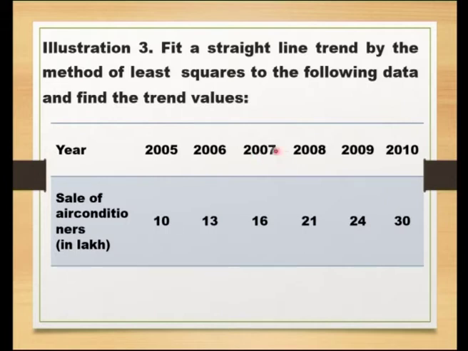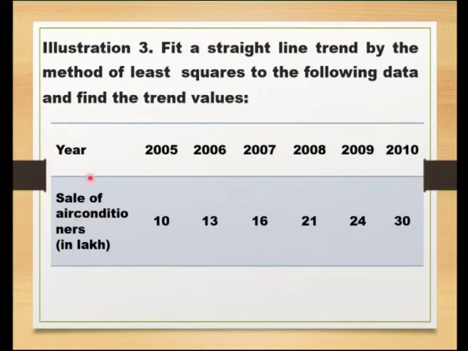Here there are 2 mid values, one is 2007 and another one is 2008. Any one of these values can be taken as origin for conversion of the year values, x values to origins.